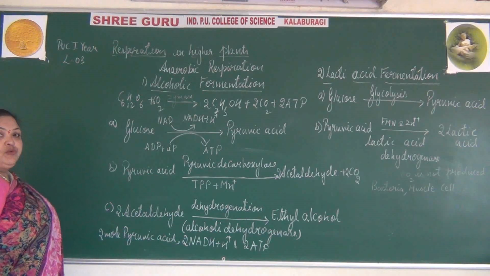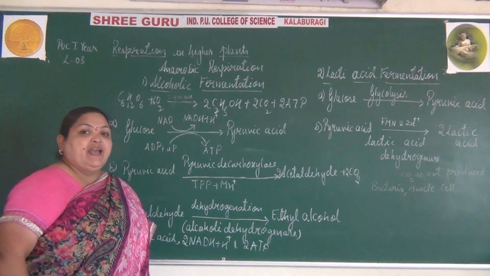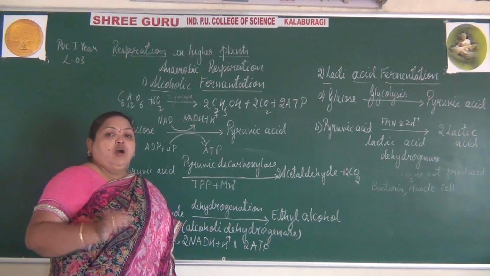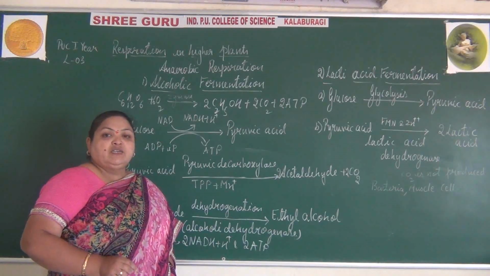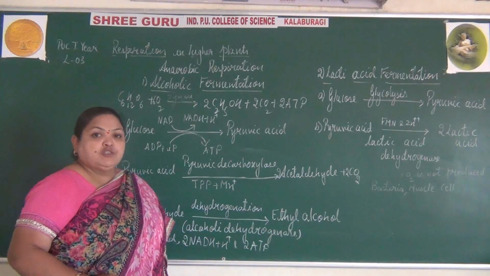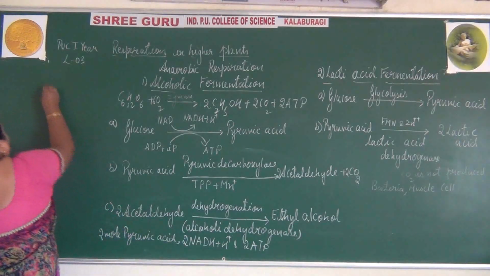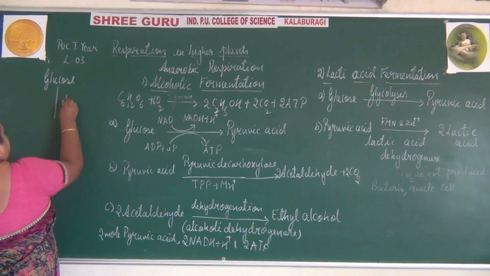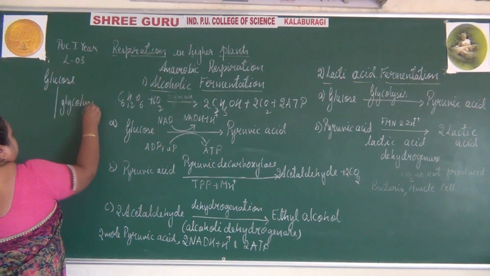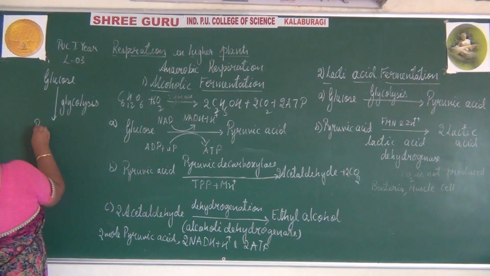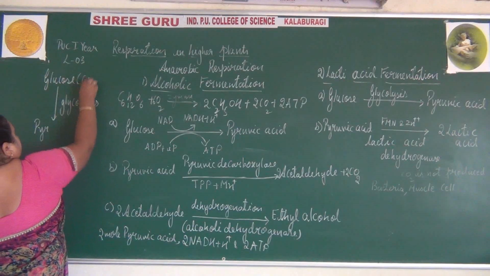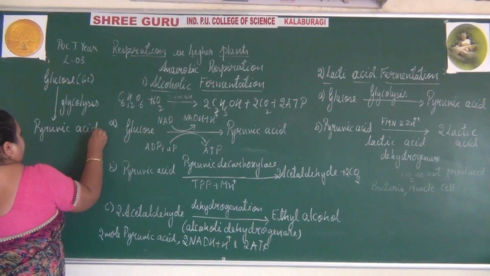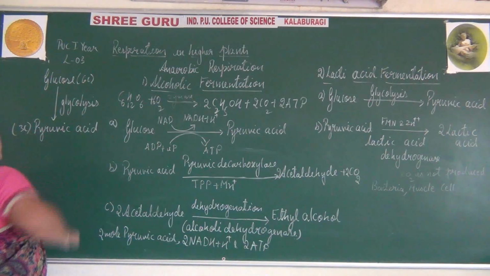So the very first common process between both aerobic and anaerobic respiration is the process of glycolysis, where the complex glucose molecule is converted into 2 simple molecules of pyruvic acid, a 3 carbon compound.